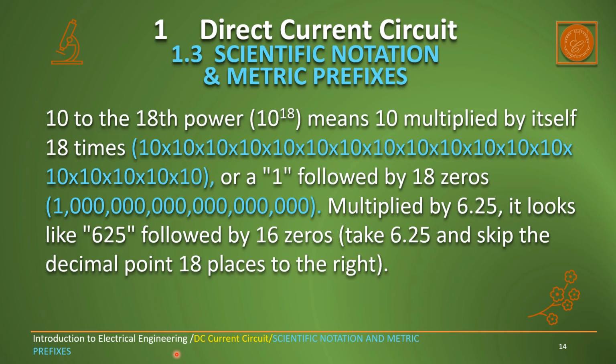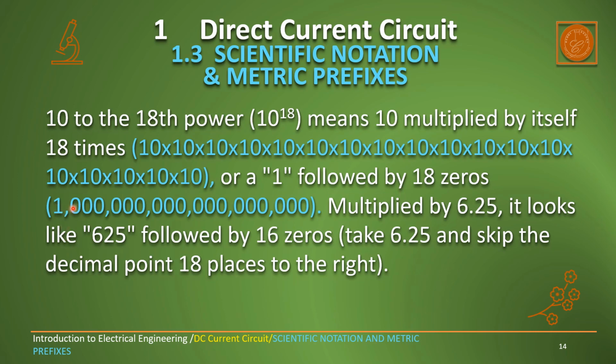10 to the 18th power means 10 multiplied by itself 18 times, like 10 times 10, and so on, 18 times in total, or a 1 followed by 18 zeros.